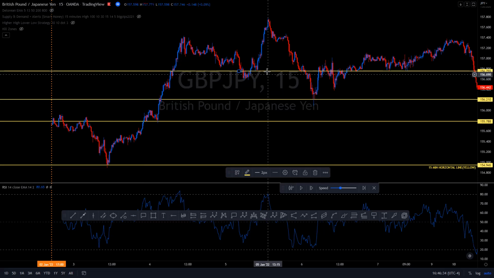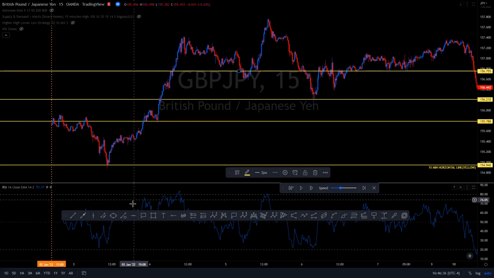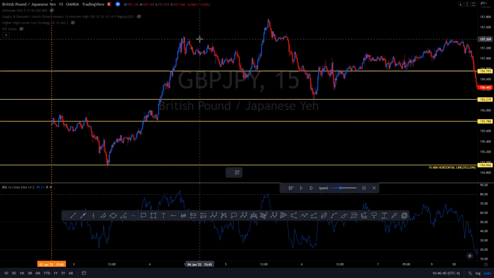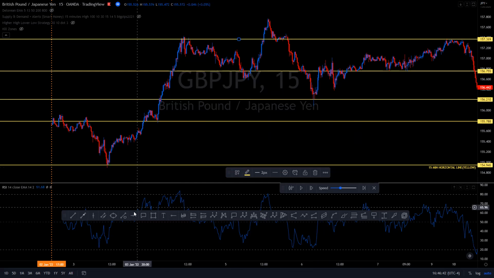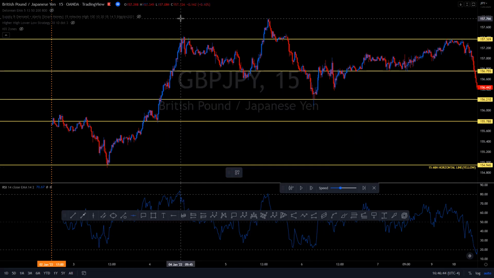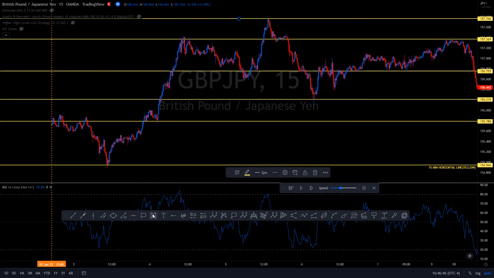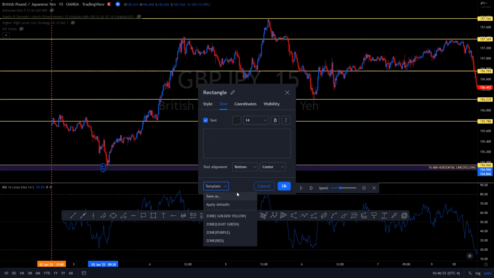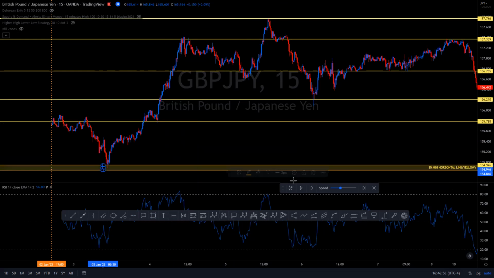So I can see it going here. And here. And so then what I'm going to do is actually mark up zones here. And we're going to make these zones yellow.